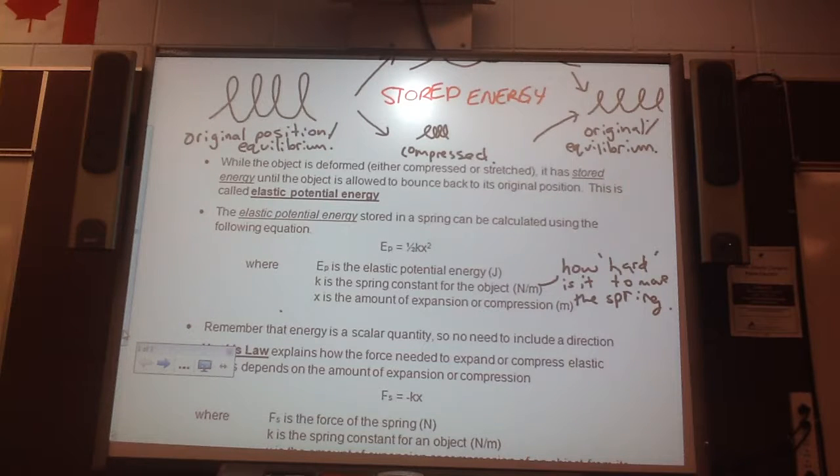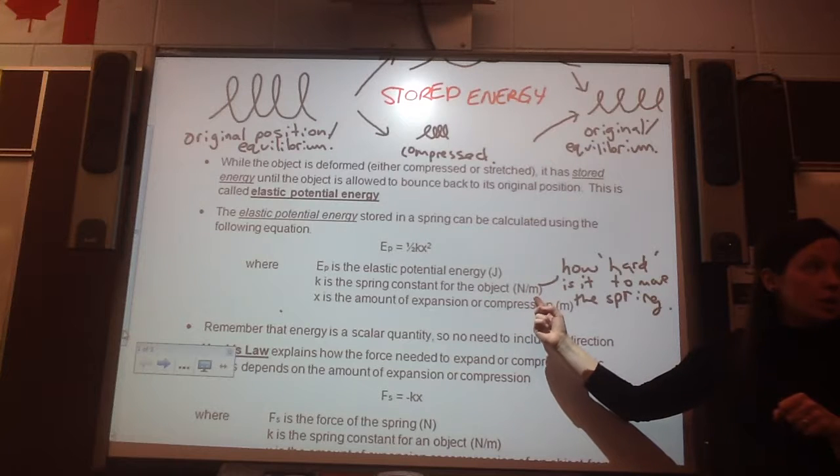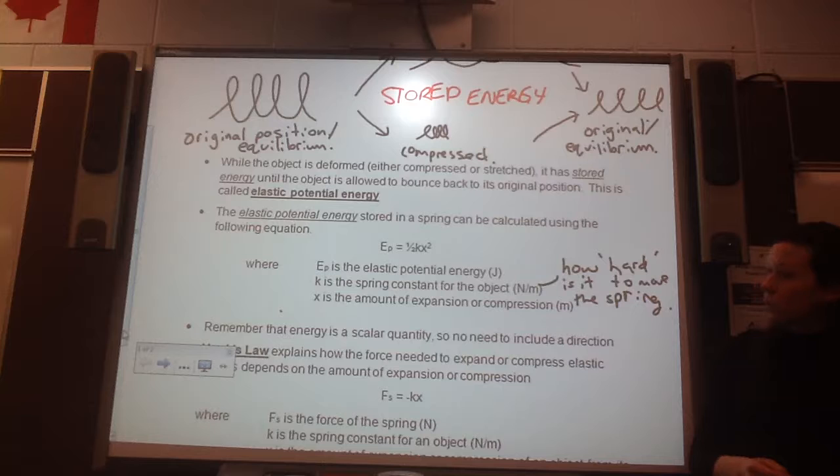It's hard to pull it. So the spring constant of that trampoline spring is a lot higher because it's a lot stronger. It takes more newtons per meter to move it, okay? So this unit, note, newtons per meter. So I would highlight or circle that, newtons per meter.